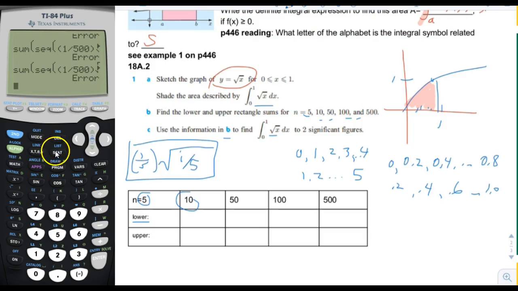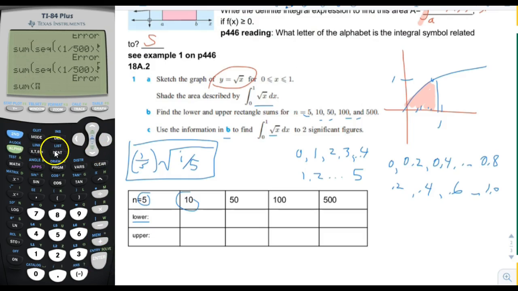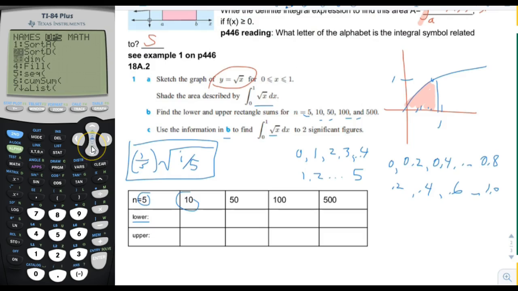So second list, sum, second list, sequence, and then we're going to put 1/5, and then we're going to multiply that times the square root of counter divided by 5, and we're going to count from 0 to 4, counting by ones.